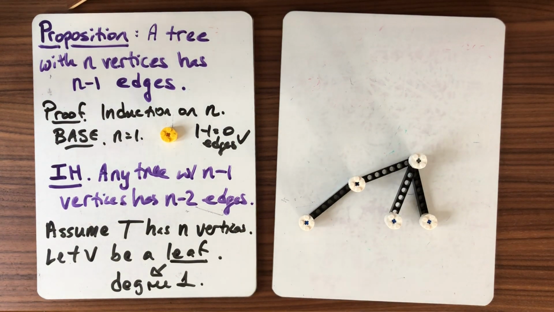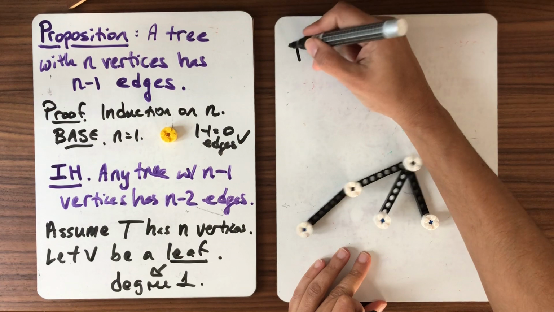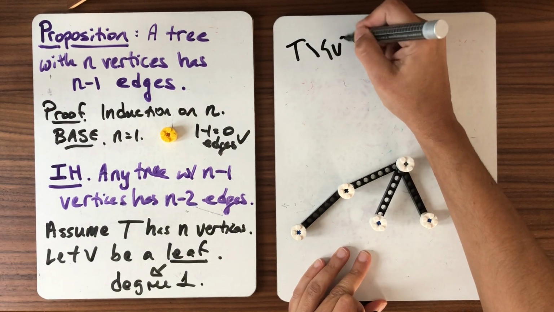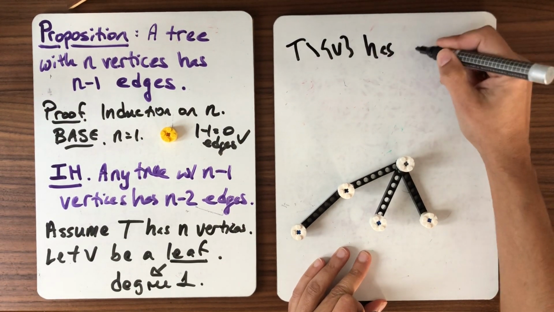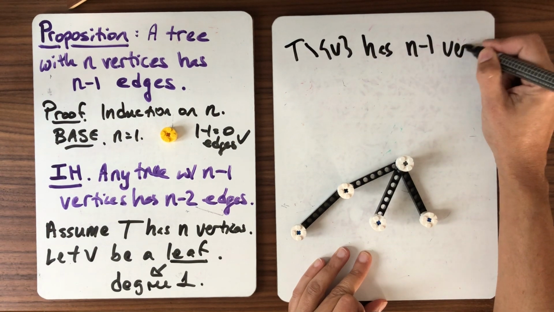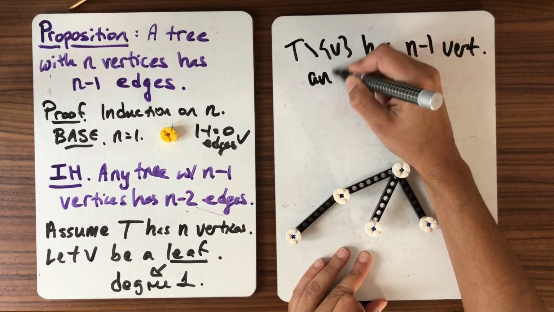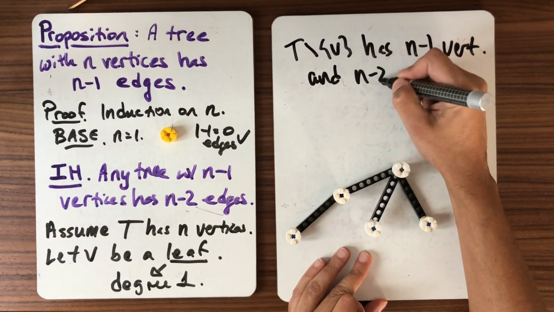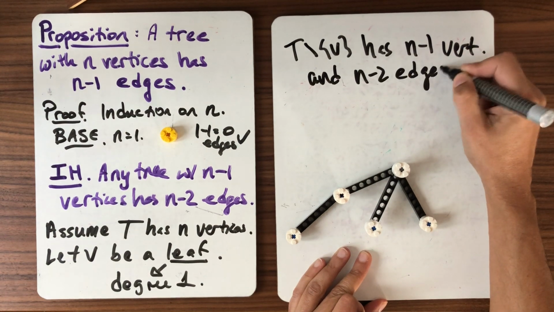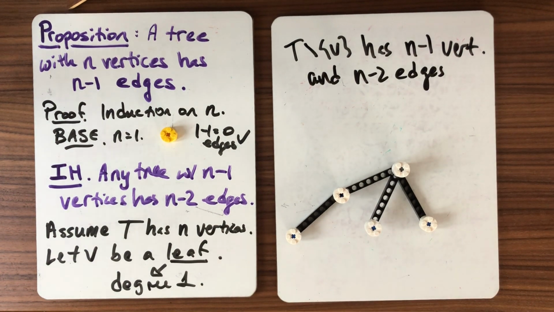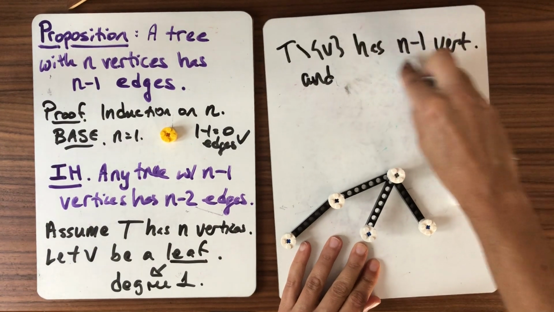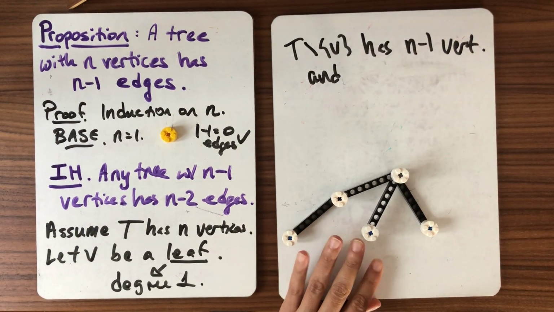It's called a leaf. So what I'm going to do is think about T minus V. It has n minus 1 vertices.